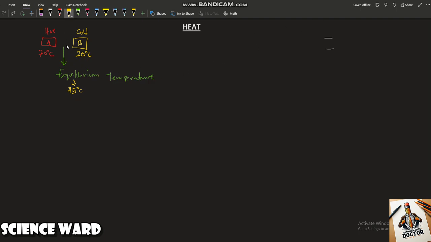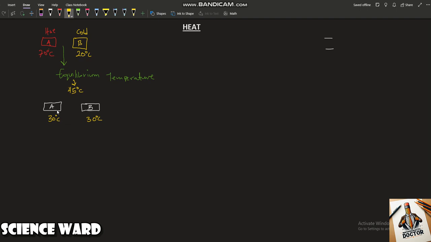So let's move to stage B. Now let us assume in stage B, we have two objects here. Here is object A, and here is object B. These two objects have the same temperature, about 30 degrees Celsius each.